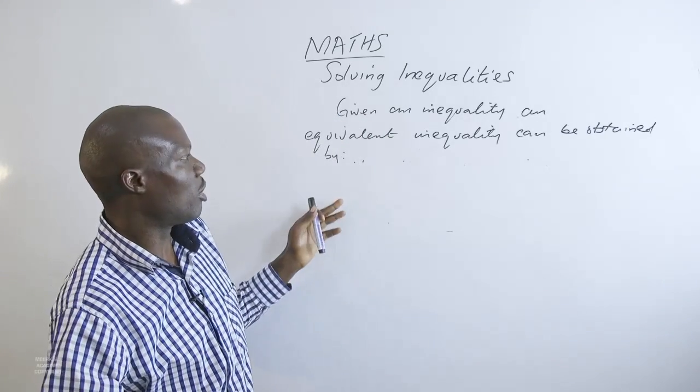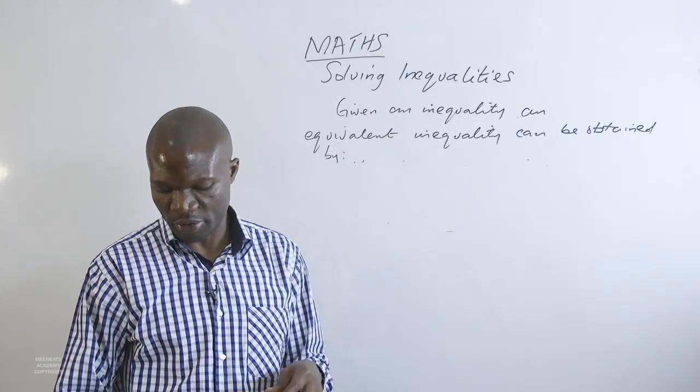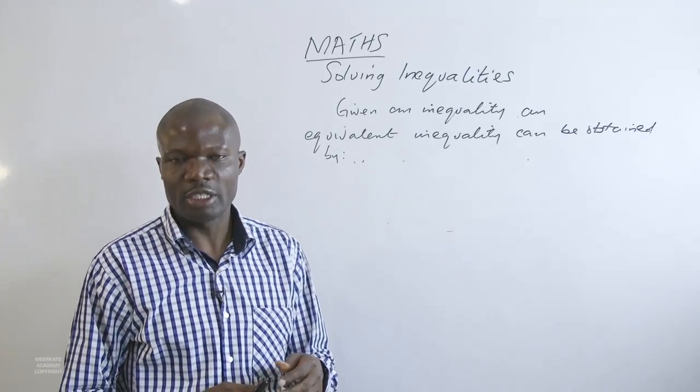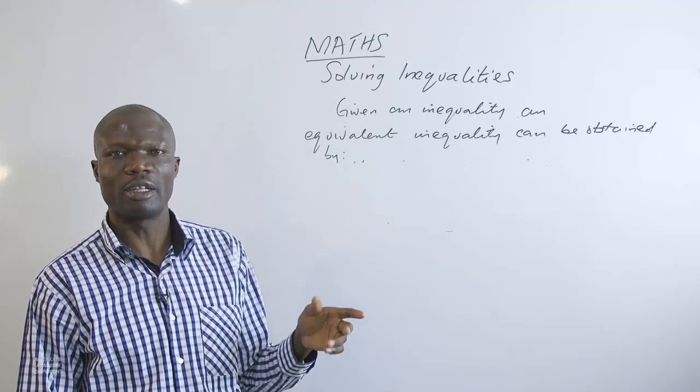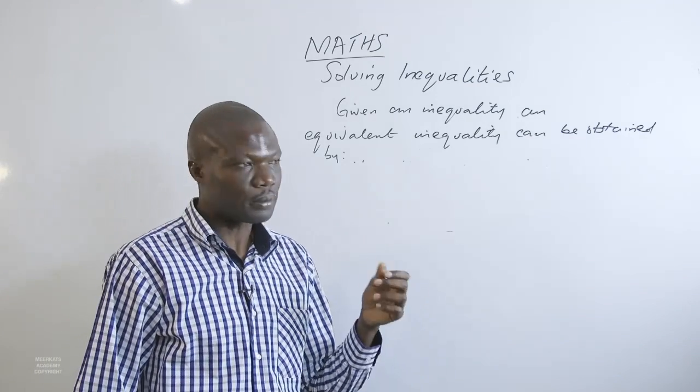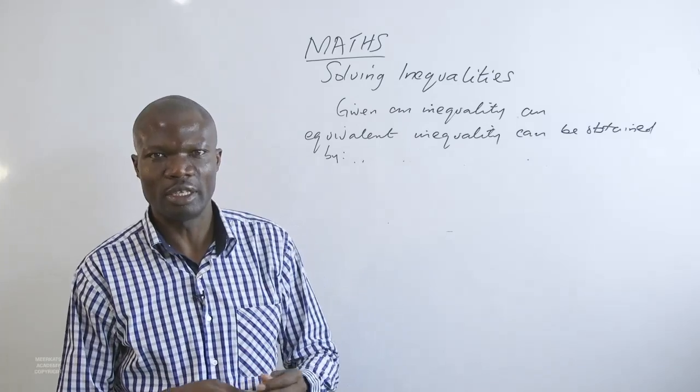The last point about inequality being equivalent is swapping the left-hand side and the right-hand side, and you reverse the symbol.